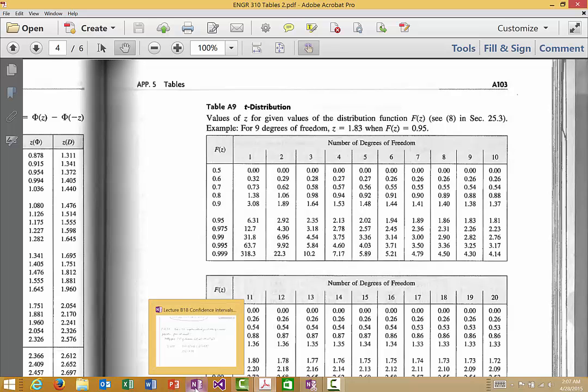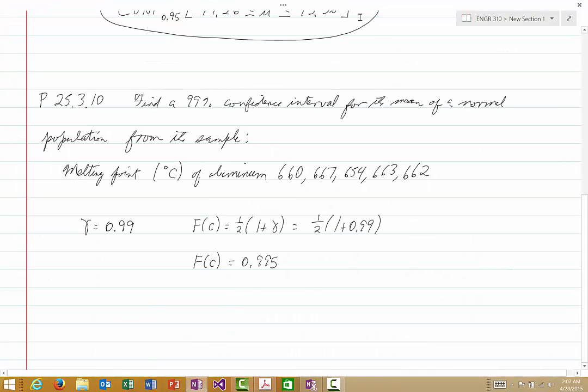So let's go back and remind ourselves here. Okay, the samples that we have in this problem are 660, 667, 654, 663, and 662. So we have 1, 2, 3, 4, 5 samples. N is equal to 5.